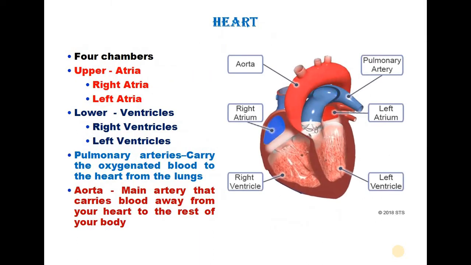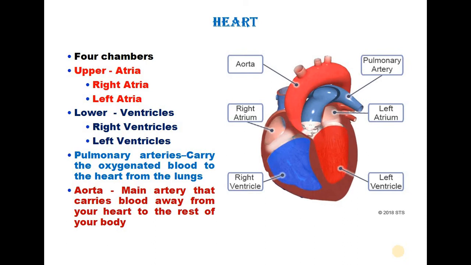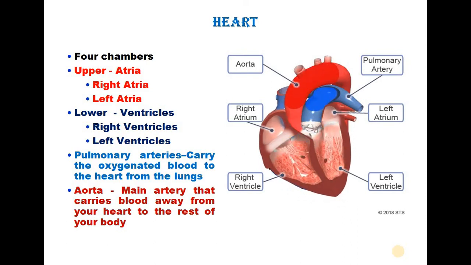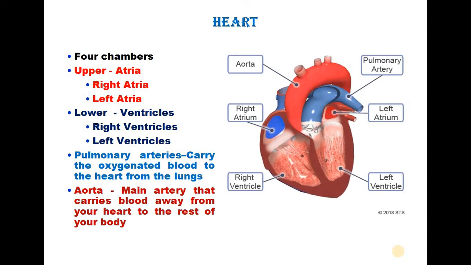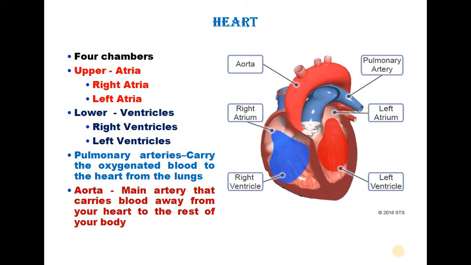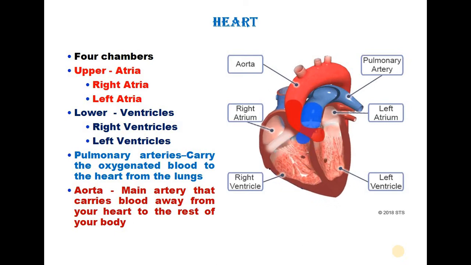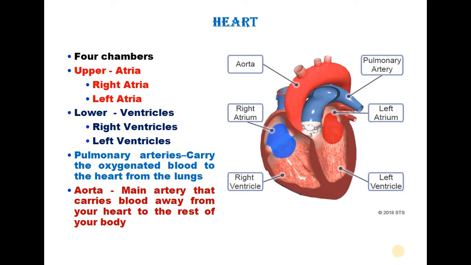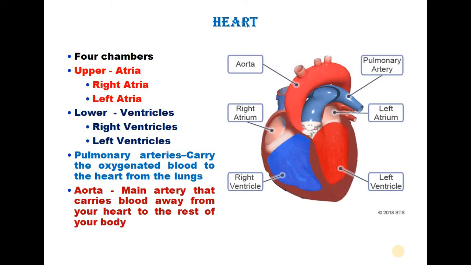The heart consists of an upper layer called atria and a lower layer called ventricle. The upper atria is divided into right atrium and left atrium, and the lower ventricle is divided into right ventricle and left ventricle. So totally the heart consists of 4 chambers.